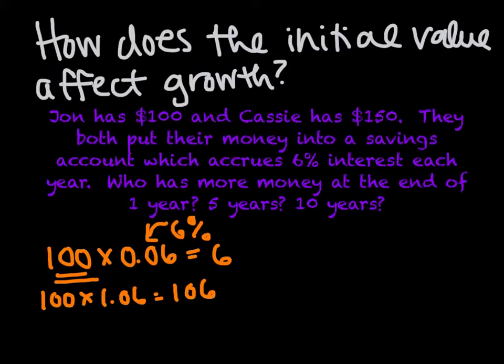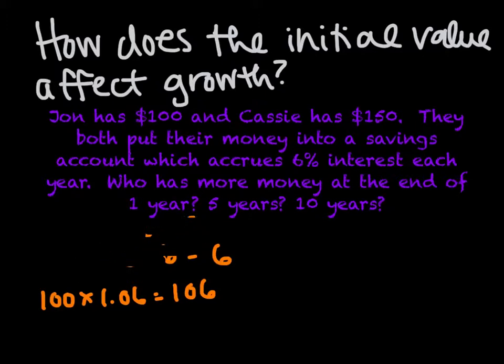Let's get a little bit more into here. Let's do this work also for Cassie and figure out the equations. I'm going to do a little bit of erasing so we can see what our total equation for John is going to be. For John, his account, J, is equal to the initial $100 that he puts in there. There's our initial amount, our y-intercept.